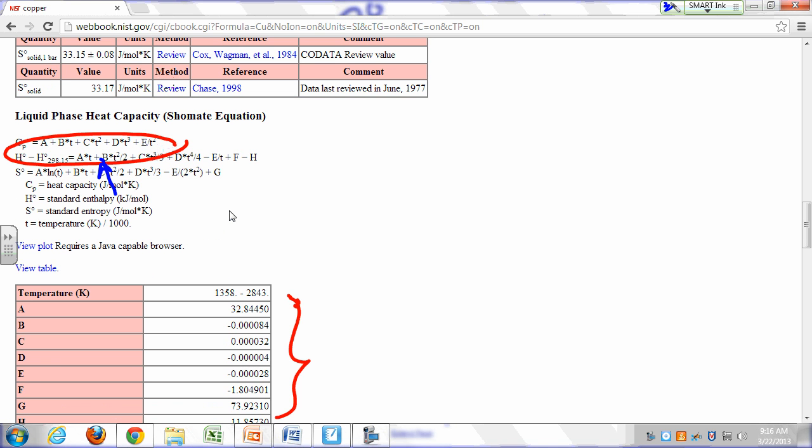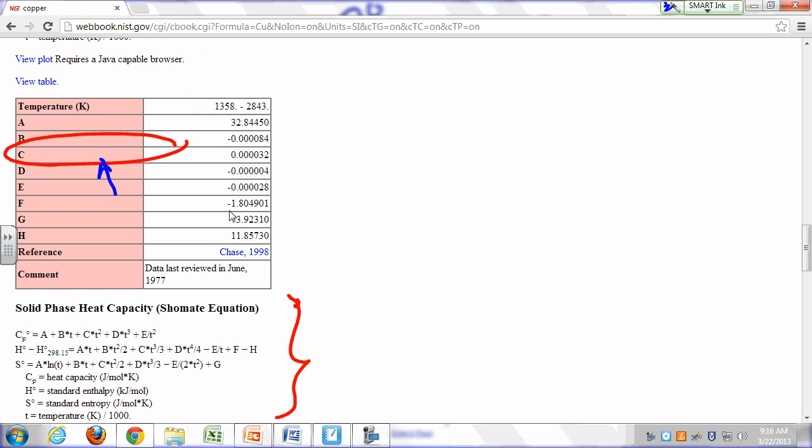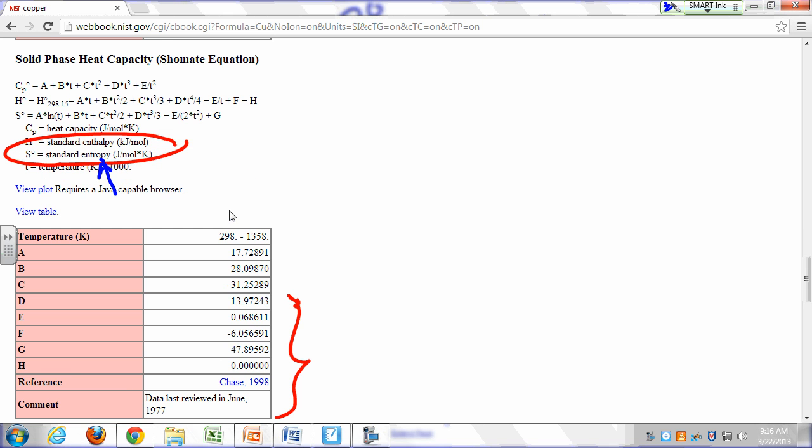I have to plug in all of these constants. Solid phase heat capacity right here, from 298 Kelvin to 1358 Kelvin. These are your constants that you can plug into your heat capacity expression. Okay? So we're just going to take that as constant from 298 to 308. So you can plug in these numbers for 298 Kelvin and you can get Cp.